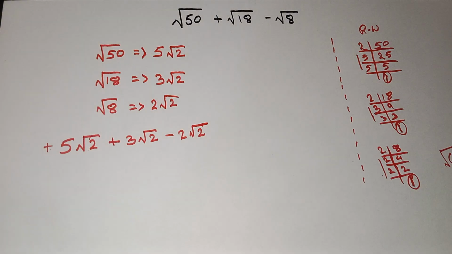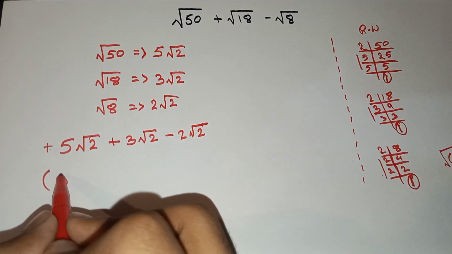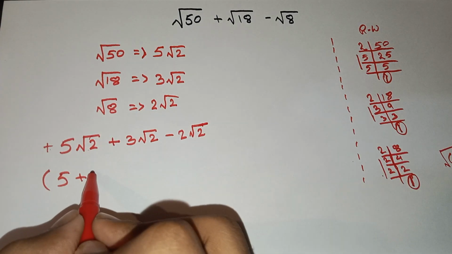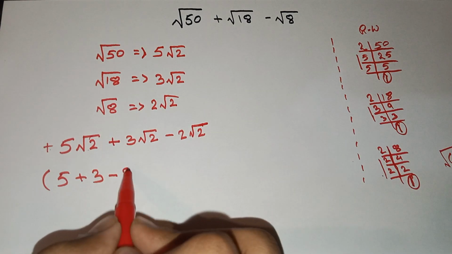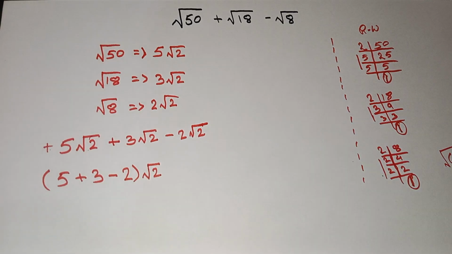Now the square roots have 2 in common, so we will write it in one place. So we will write in brackets 5 plus 3 minus 2, square root of 2. Okay. 5 plus 3 minus 2, square root of 2.